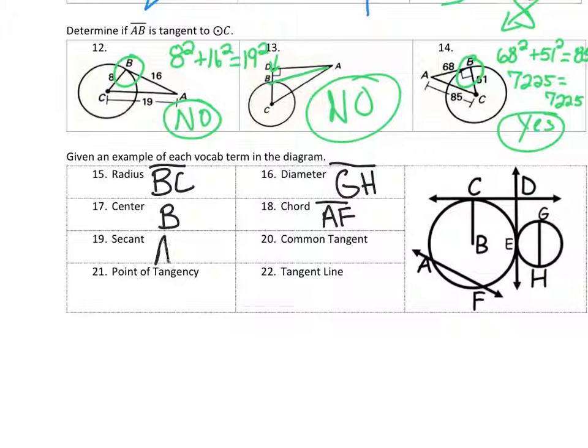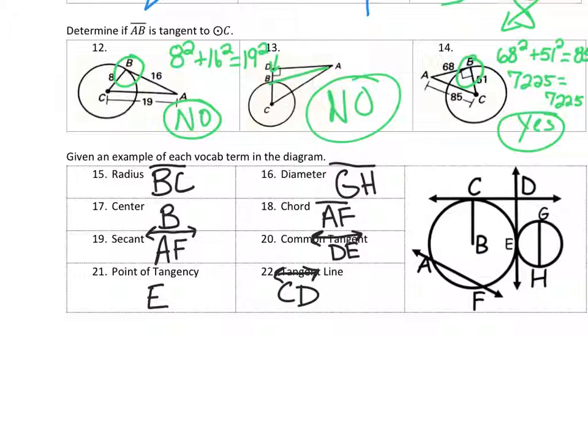A secant's going to be AF with line notation over the top. A common tangent is going to be DE with a line notation over the top. Point of tangency is just going to be the letter E. And then a tangent line is going to be CD with line notation over the top.